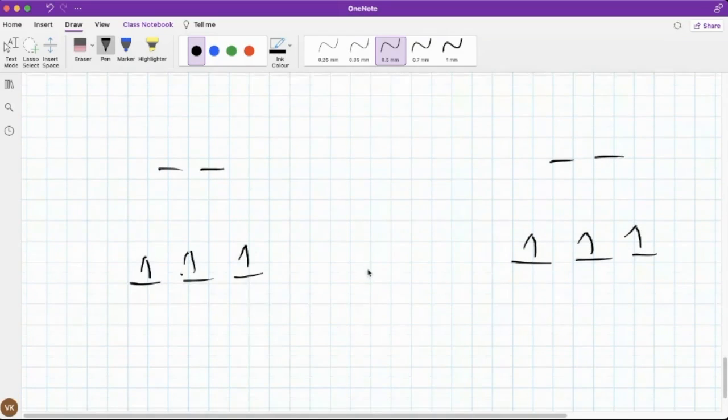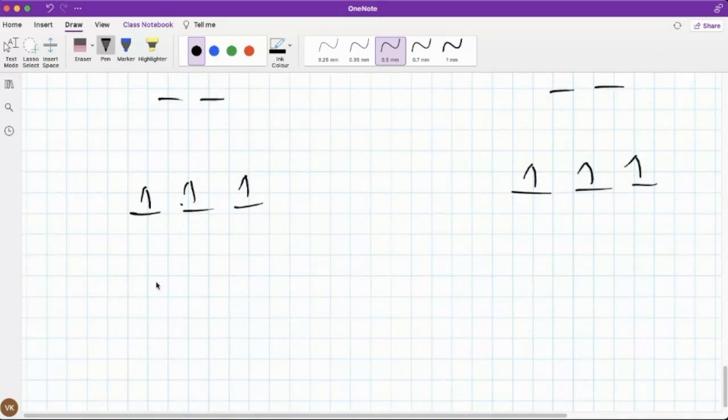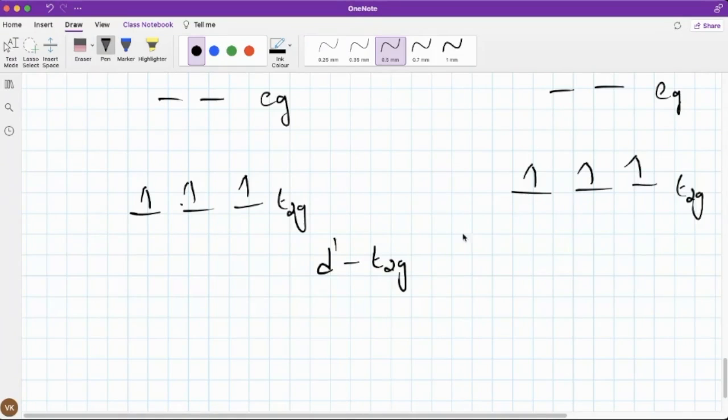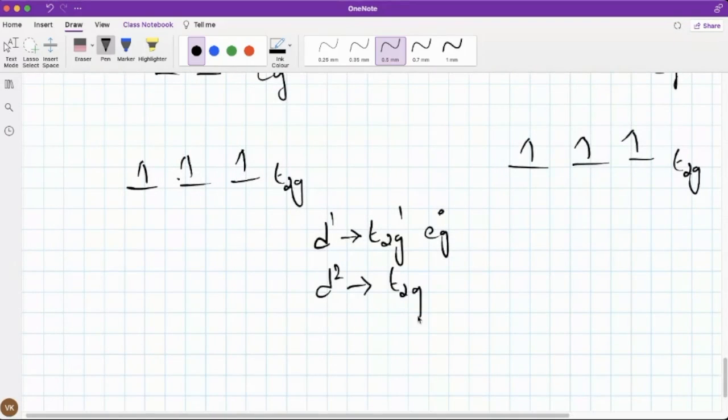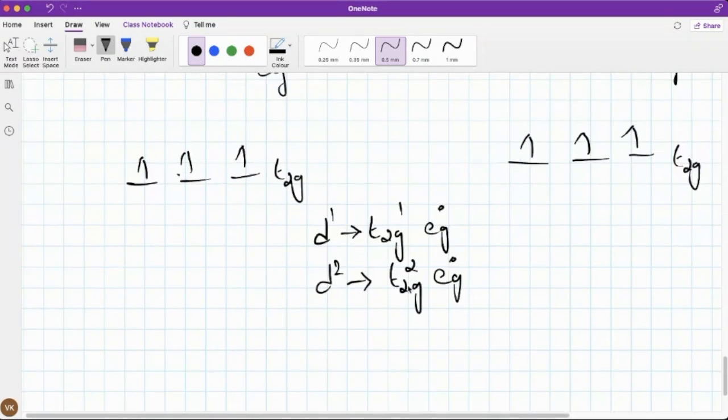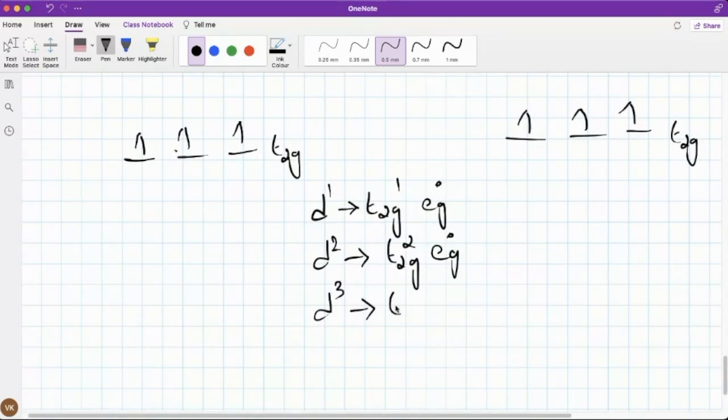It doesn't make a difference until D3, so the common things I will write here. D1 is T2G1, EG0. There is no electron in EG for D1. D2 is T2G2, EG0. D3 is T2G3, EG0.